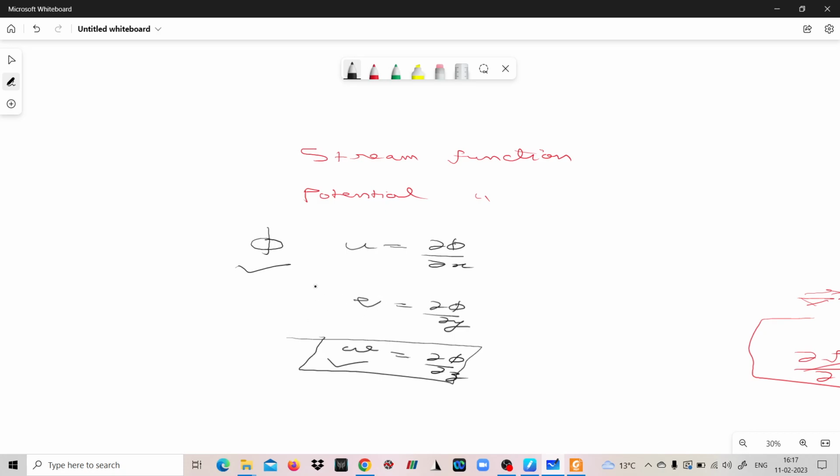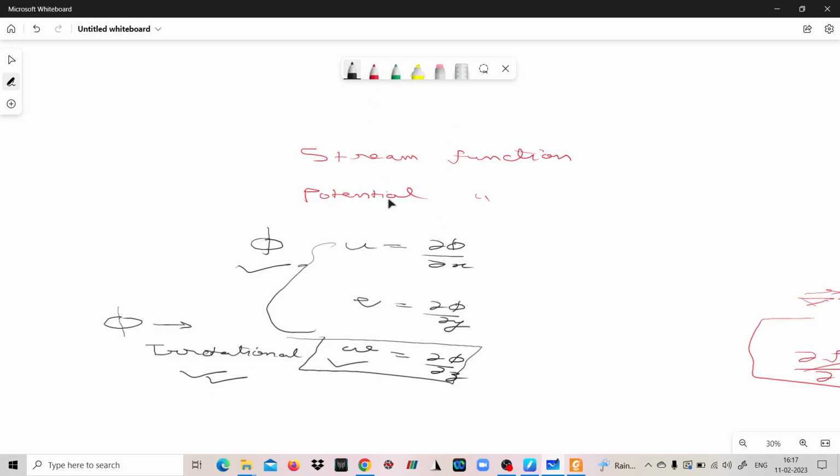Now if phi exists, then we can directly say that the flow is irrotational. We'll come back to the stream function after we finish with phi.